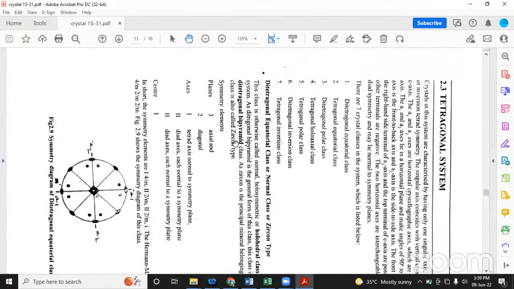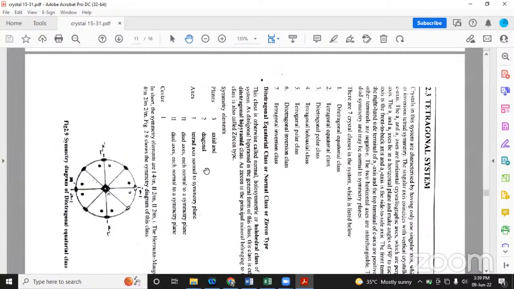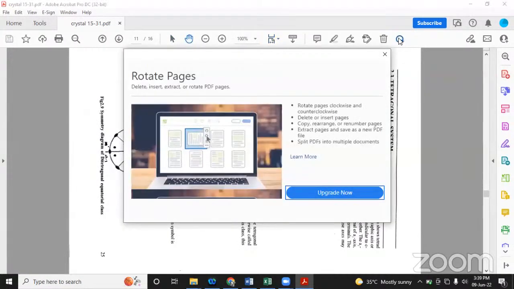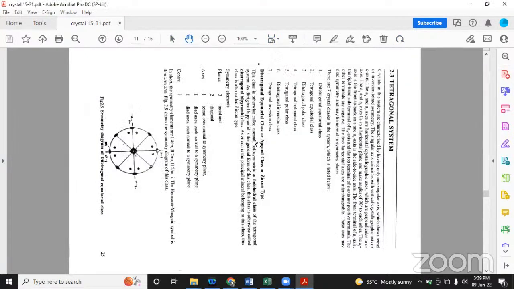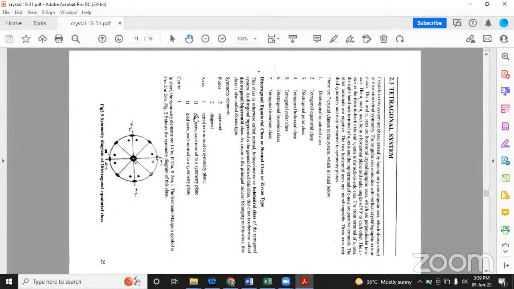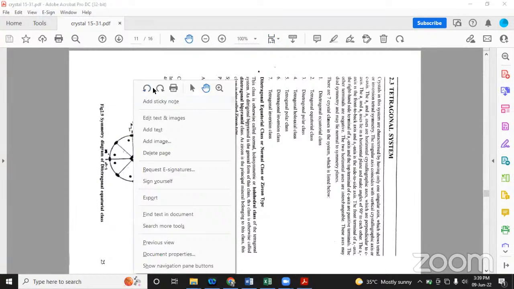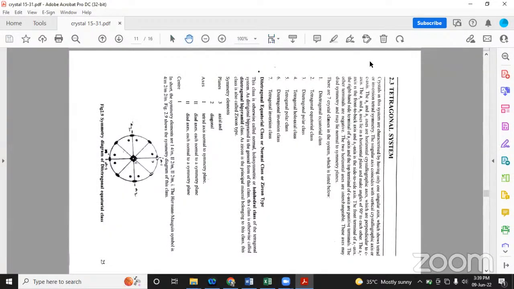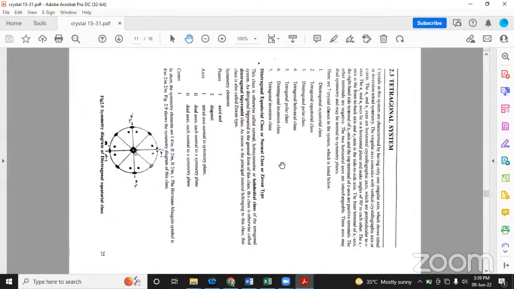When I come to the tetragonal system, just zoom in. I'm not able to rotate here, but I don't have the access for this. There is a complete tetragonal system.